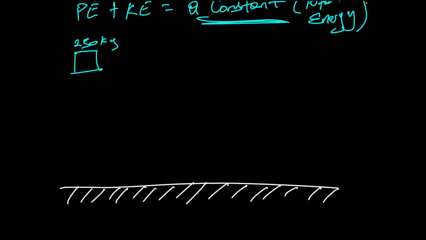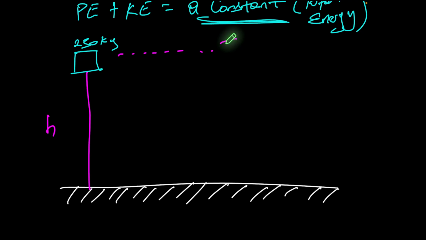So if we consider then our datum to be of some height like that, then at this point here at the very top right there, when our 250 kilogram mass is not moving, then our potential energy will be at its very highest.